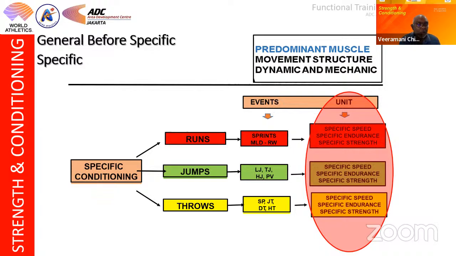That's where we now move into specifics of our event, where we look at the sprints, the hurdles, middle and long distance, race walking as part of the run family, jumps, the 4 jumps, and throws, the 4 throws. So when you look at the events, we also want to look for specific elements of speed, endurance, and strength that will contribute in these areas to improve upon.